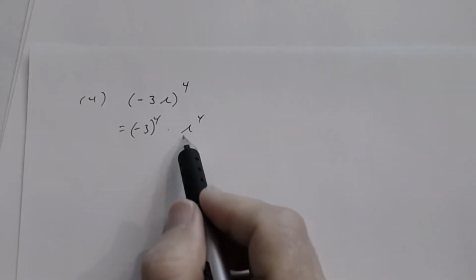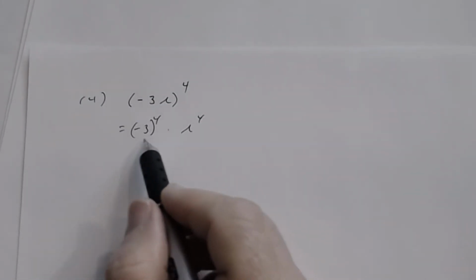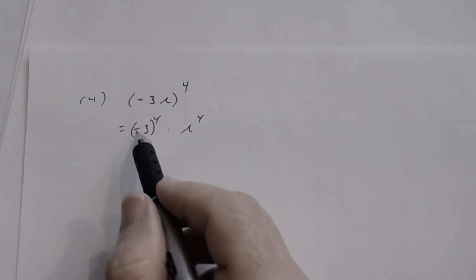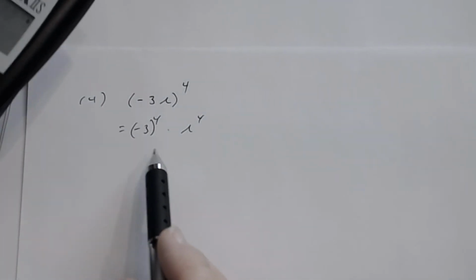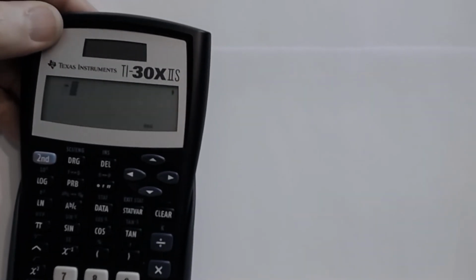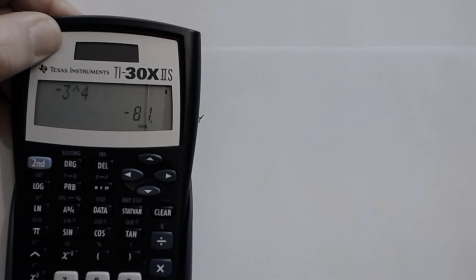Now this i did not need to be in parentheses, but this did, because you're raising this negative number to the fourth power. Remember, if you use your calculator, I just want to show you, if you type negative 3 raised to the fourth power, you're going to get negative 81.